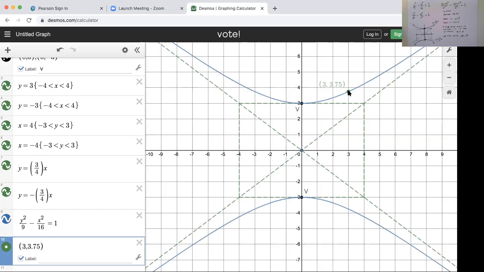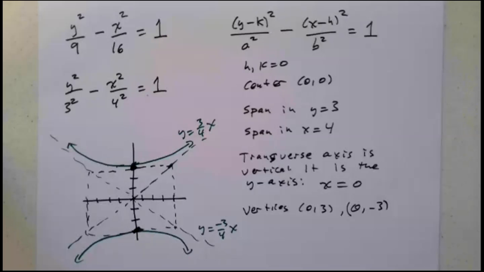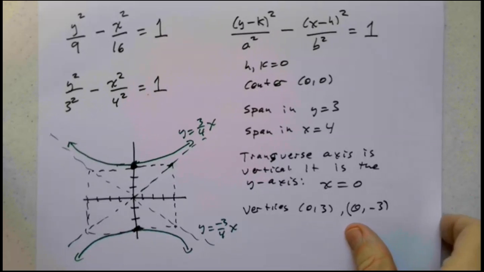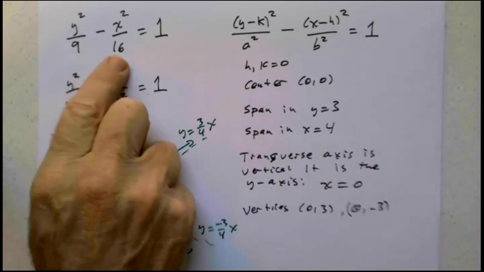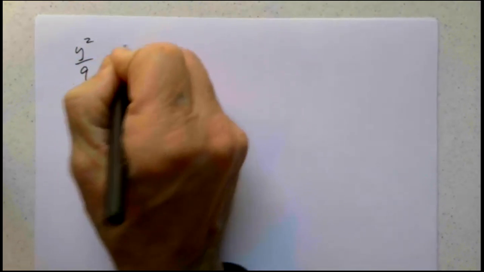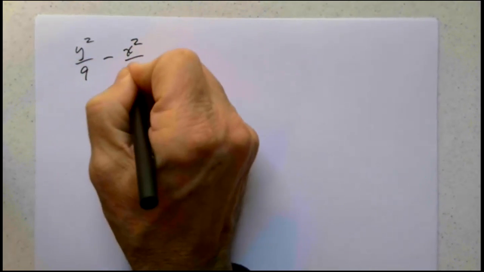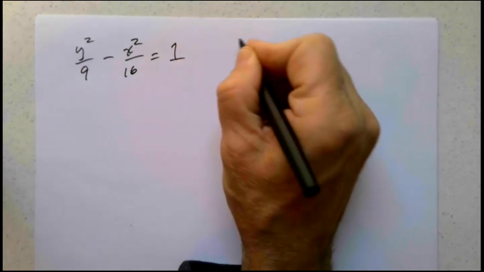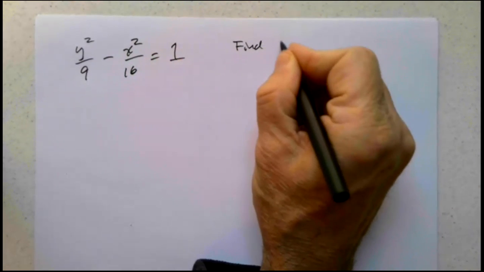So let's go ahead and find the foci. So let's jump back to find the equation of our foci. I've got y squared over 9 minus x squared over 16 is 1. Our goal is to find the foci.